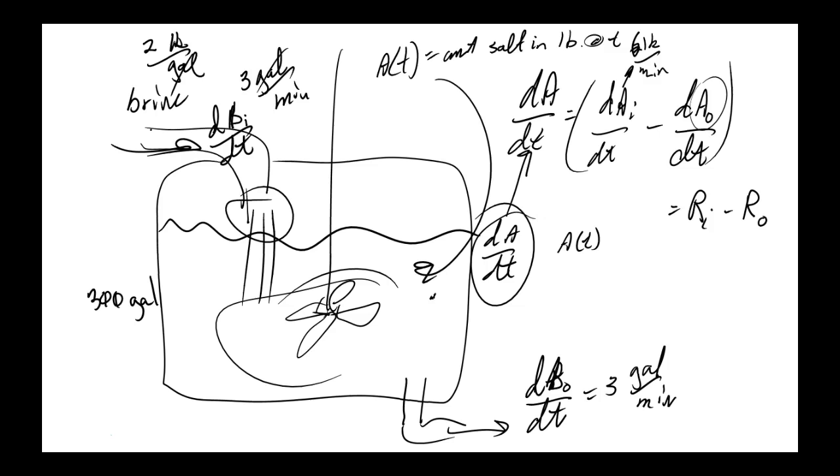The concentration of salt in the tank as well as in the outflow is A of T, that's the amount of salt in the tank at any time T, divided by 300, because you got 300 gallons. So that's your concentration. I don't want to use I, I was using that for input.